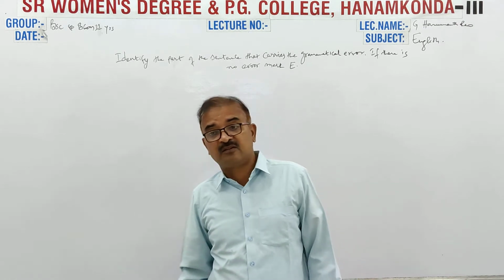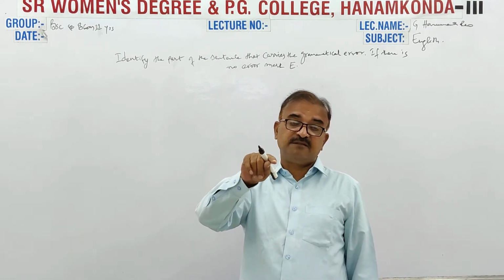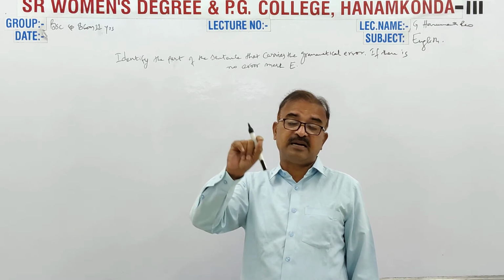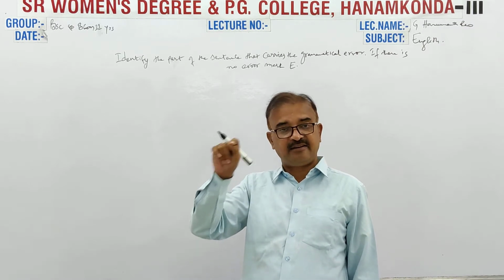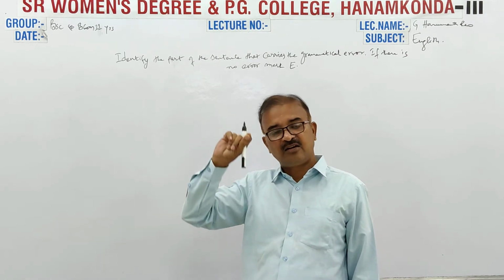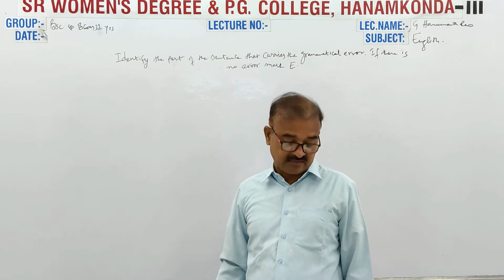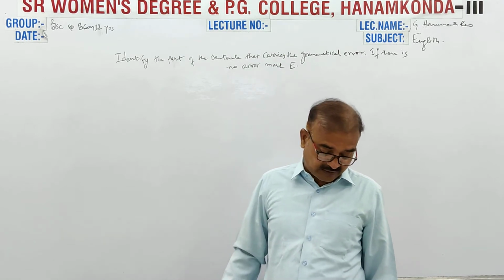If you have come across any mistake in any part of the sentence, then you have to mark that. That means, imagine the mistake is in part A, and what is the mistake? You have to rectify the mistake and write the answer. That's what happens here.